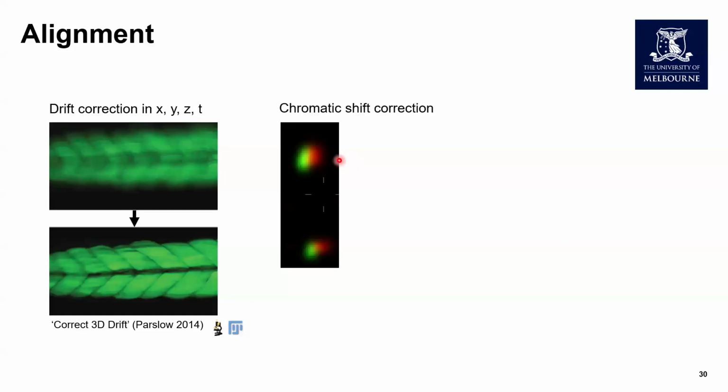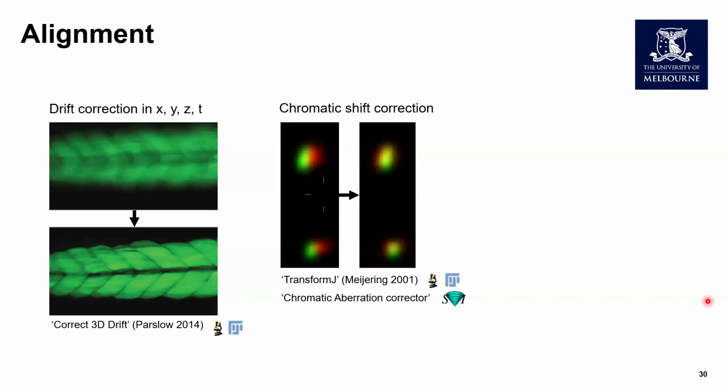If you're looking at a very small object like this, you will notice such misalignments even with the calibrated lens. So this correction is especially important if you're going to measure colocalizations. Tools like TransformJ or chromatic aberration corrector in SPI will help with this type of chromatic corrections.